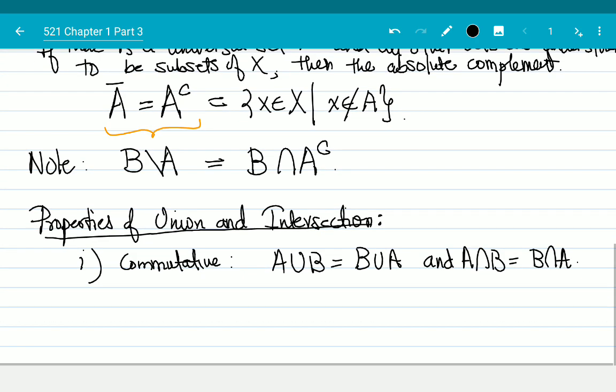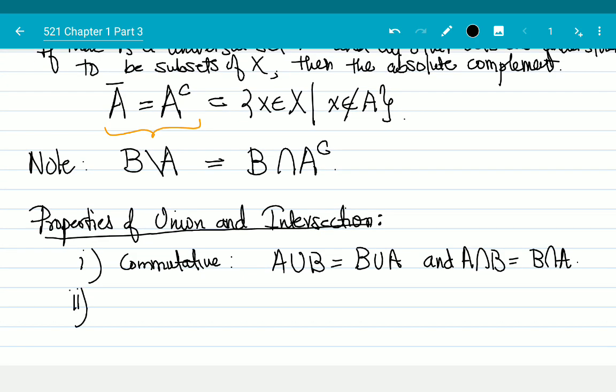Okay. Second, associativity. What is associativity?